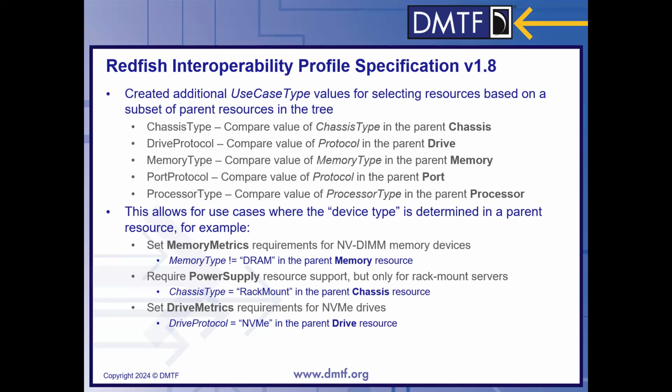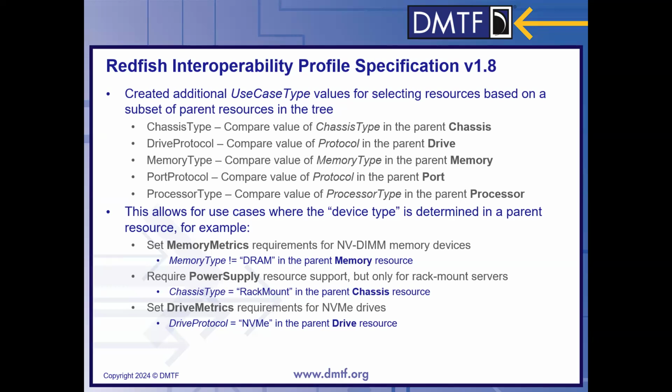And so we've added 5 new use case types that allow you then to specify how you make that selection. So, for instance, chassis type, I could say, well, these are my fan resources, and my requirements are based on the chassis being a rack mount, and that allows you to again do these use cases. And try to make it easy to both explain and then easy to use.